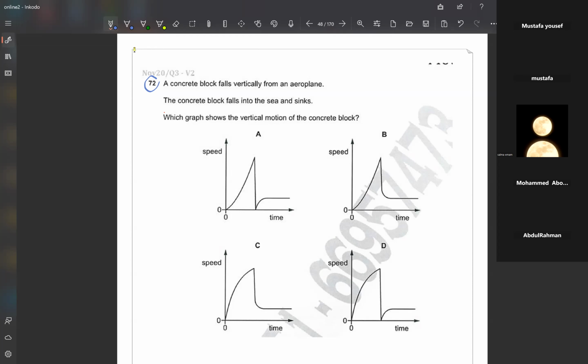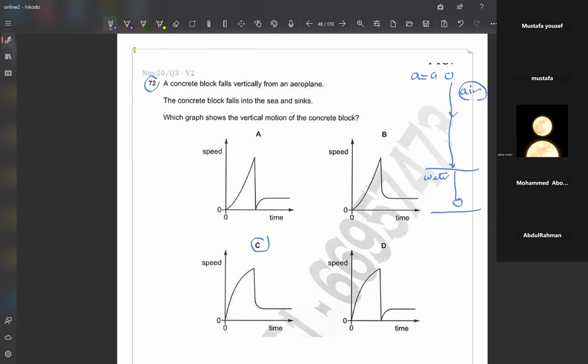A concrete block falls vertically from an aeroplane. The concrete block falls into the sea and sinks. Which graph shows the vertical motion of the concrete block? C. Correct, C will be correct because, as I said, the object is falling in air. So what happened to acceleration?